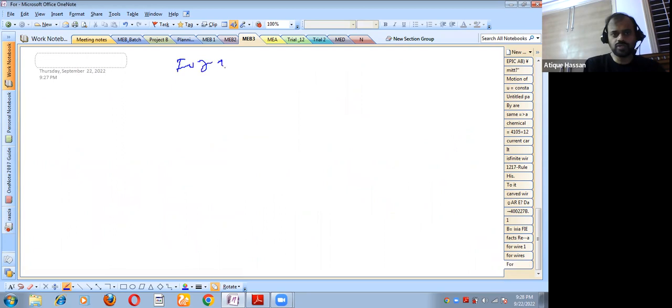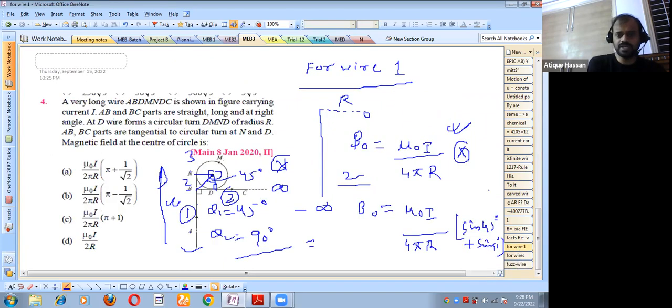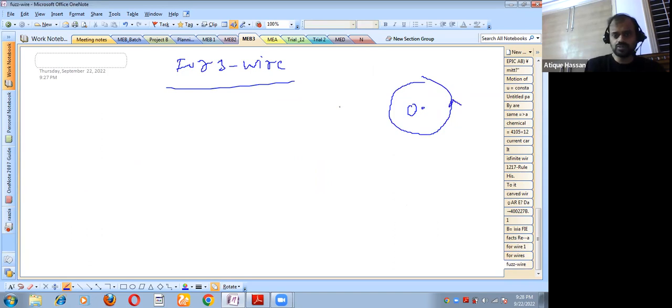For the third section, point 2 is at the center, and the current is going in an anti-clockwise direction like this.